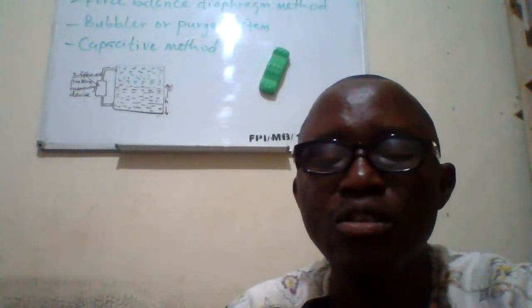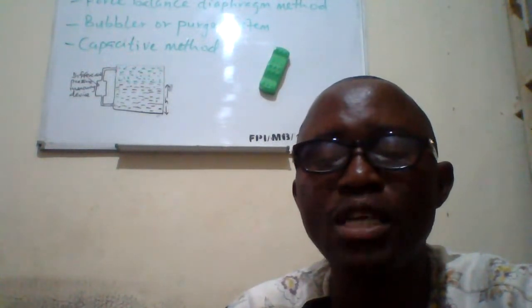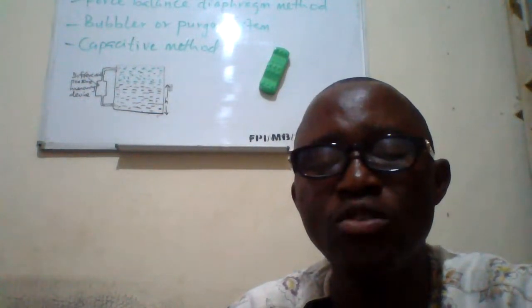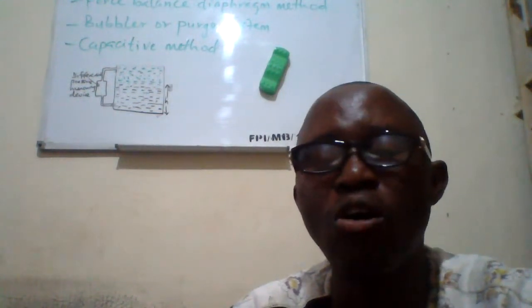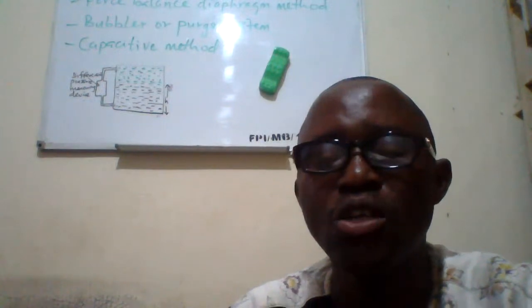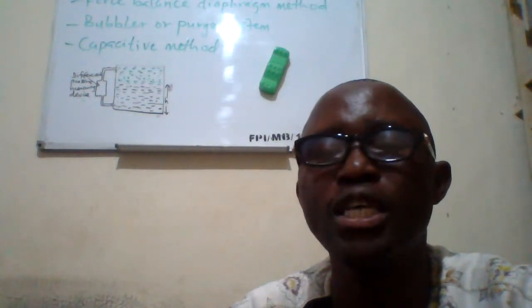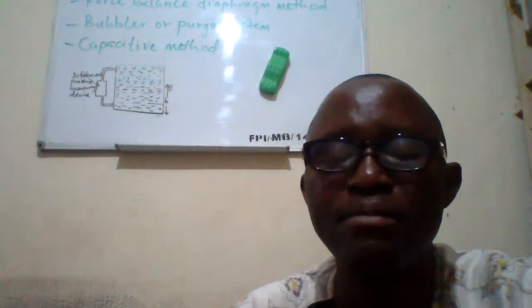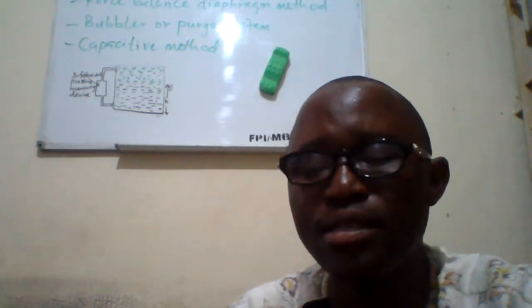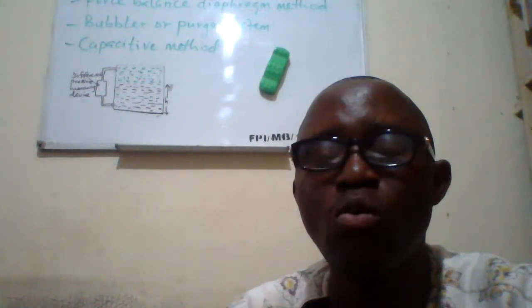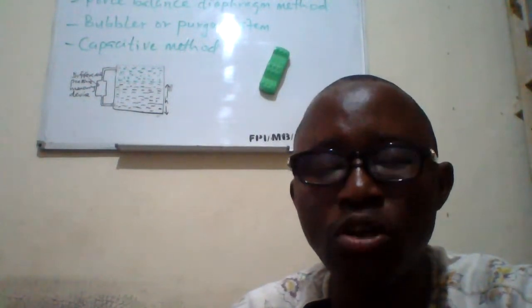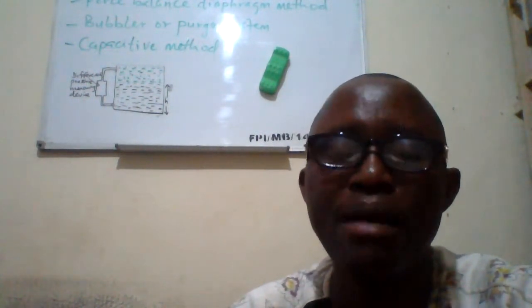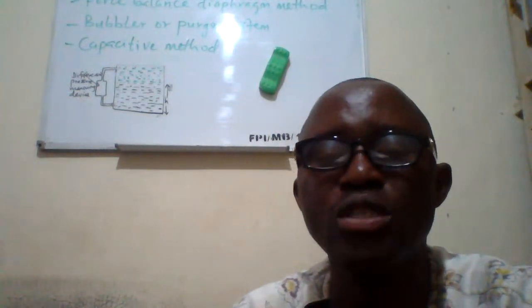Now, the pressure measurement will be converted to the height of the liquid by using the mass density of the liquid. So it's very similar to the force diaphragm system that we first discussed. They are working with the pressure in the liquid to determine the height of the liquid.